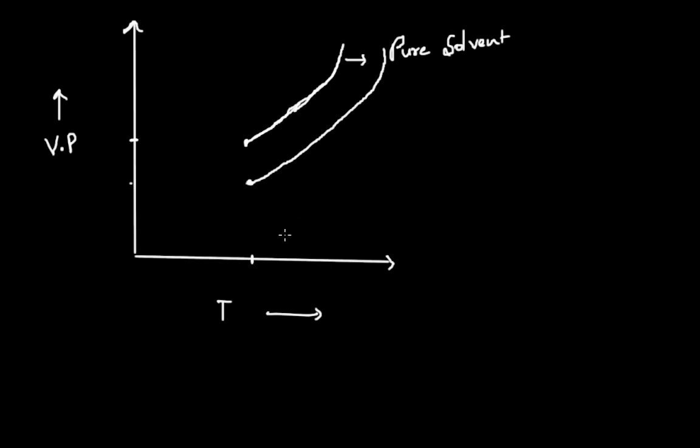Boiling temperature is that temperature at which the vapor pressure of the liquid becomes equal to 1.013 bar or 1 atmospheric pressure.